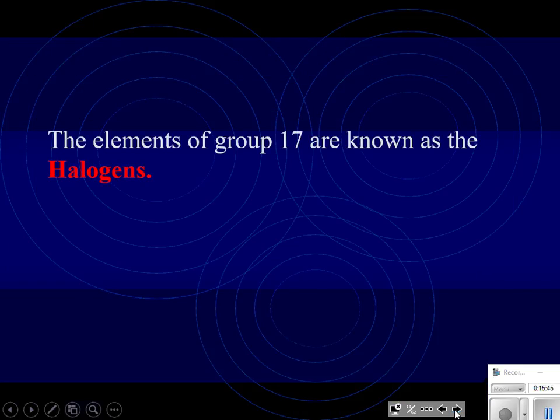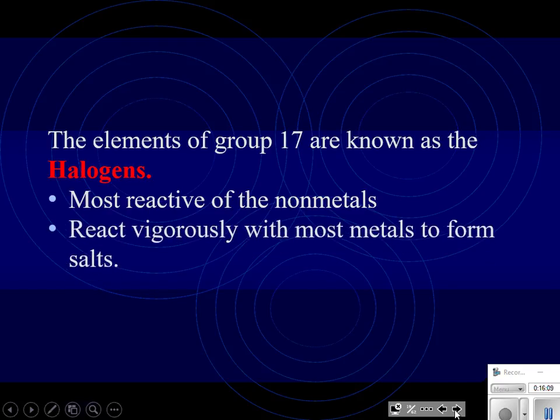Now, some of these have their own special names. For instance, we call group 17 the halogens. The halogens are the most reactive of the nonmetals. They react vigorously with most metals to form what we call salts.